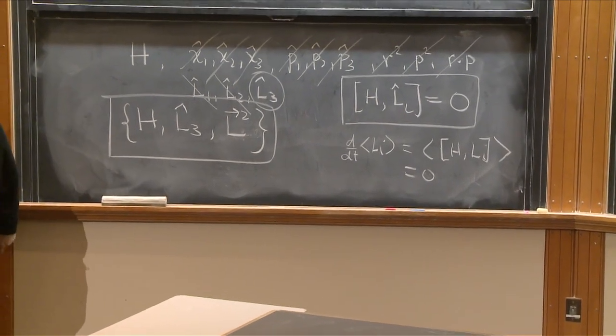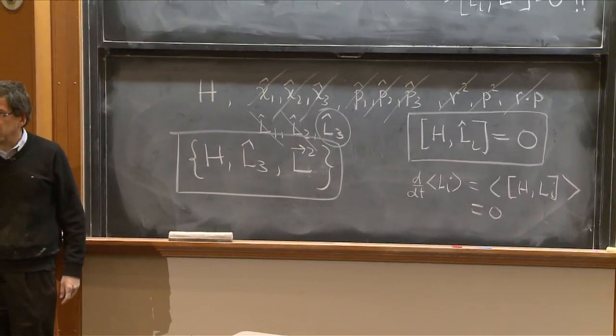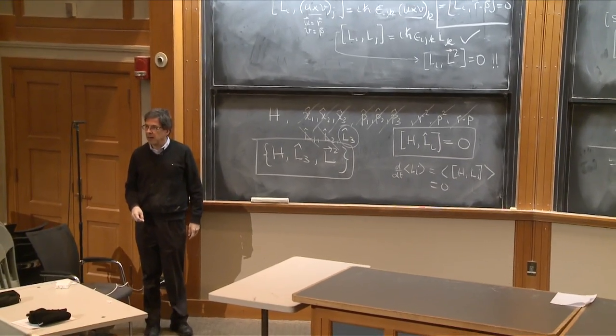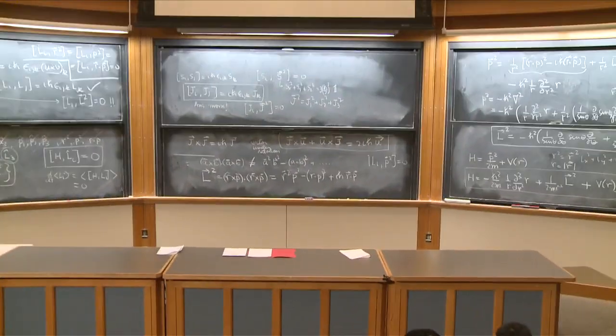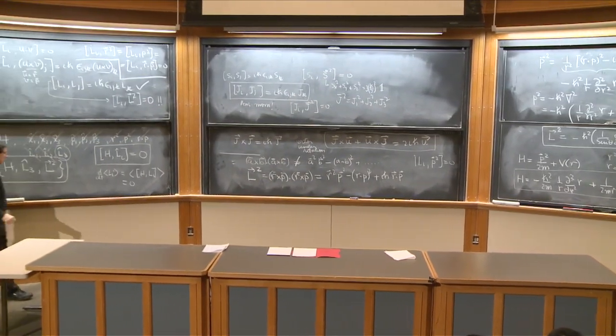So how do we know that we need the L squared? How do we know that just H and L3 isn't already a complete set?